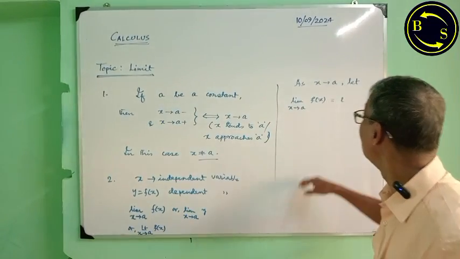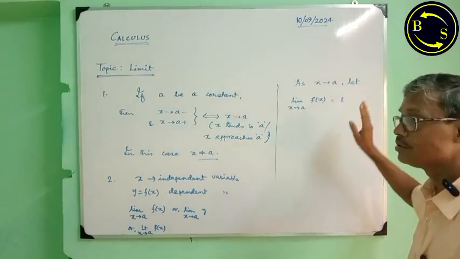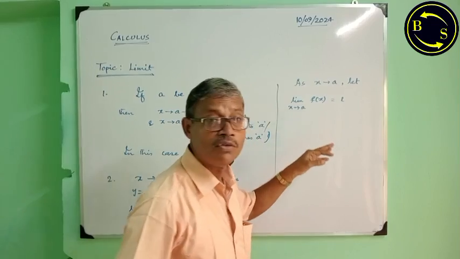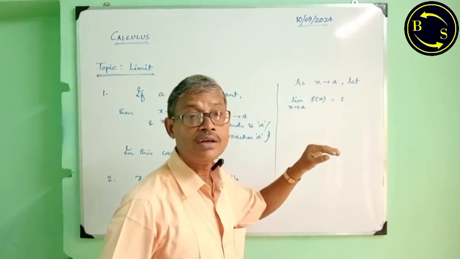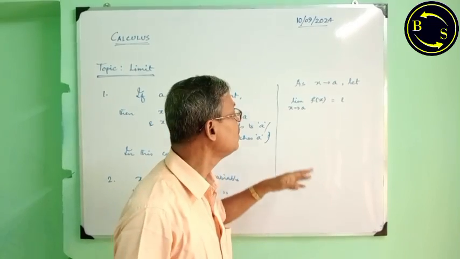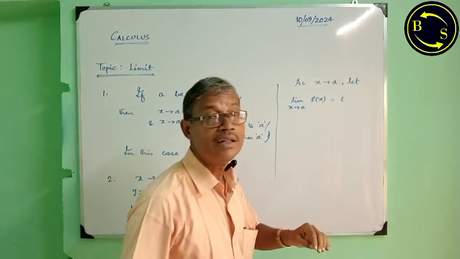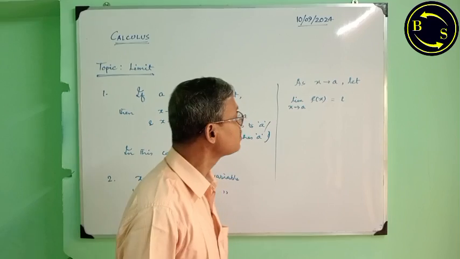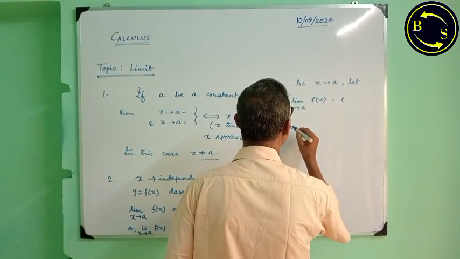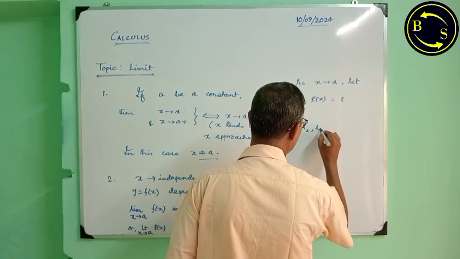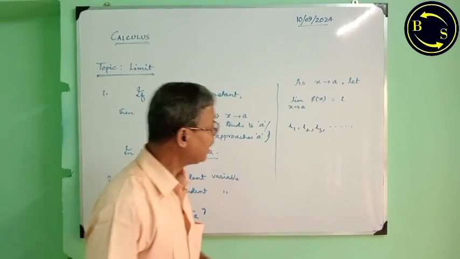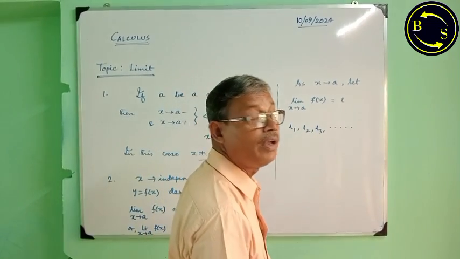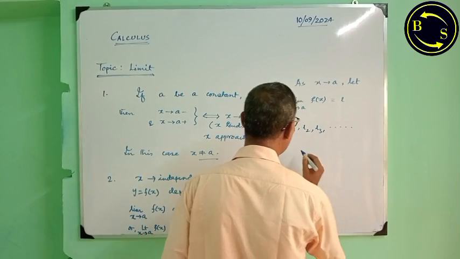Now let us clarify the meaning of this one. x tends to a means x can take values which are greater than or less than, a bit greater than or a bit less than a, and for each of those values, value of fx is say L1, L2, L3, etc. And we find that value of each of these is near to L.